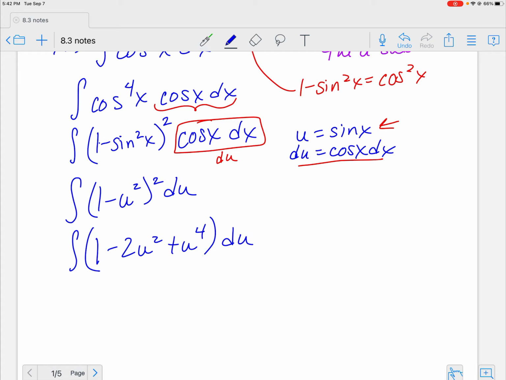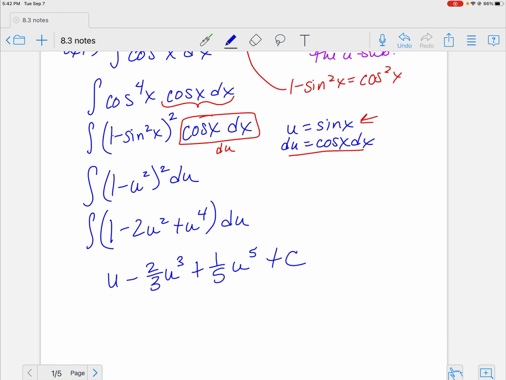And then integrate. So u minus 2/3 u cubed, plus a 1/5 u to the 5th. It's indefinite. Now I put sine in there everywhere: sine of x minus 2/3 sine cubed x plus 1/5 sine to the 5th x plus c.